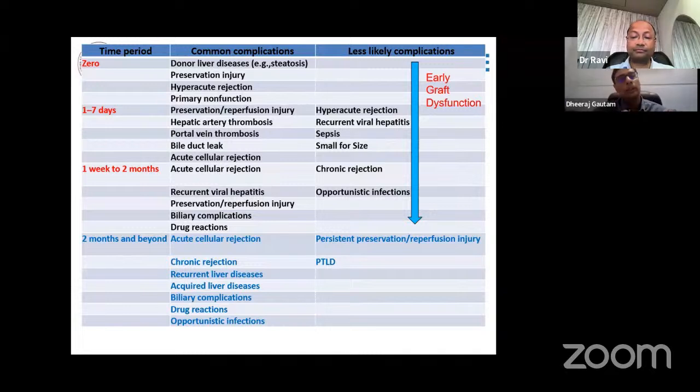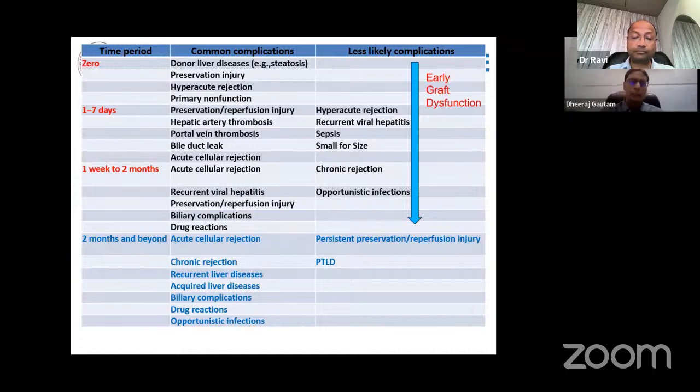But if you come to day 1 to 7, then preservation injury, hepatic artery thrombosis, portal vein thrombosis, bile duct leak, and acute cellular rejection, in this order, they are important. And less likely are hyperacute rejection, recurrent viral hepatitis or sepsis, and small-for-size syndrome. But if you come to 1 week to 2 months, then acute cellular rejection will come on the top of the list.